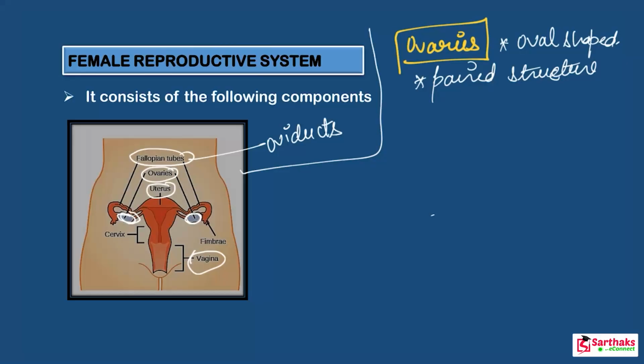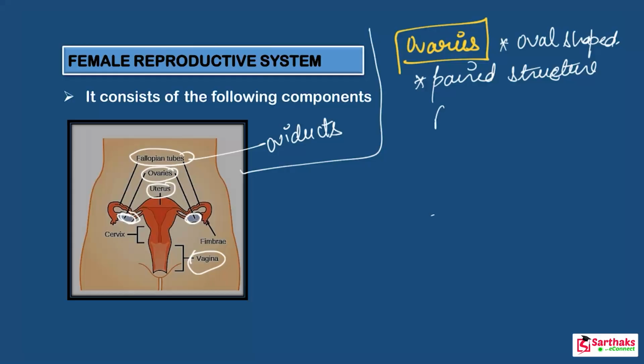Clear? Ovaries are the primary reproductive organs in a female, and let me recall that testes were the primary reproductive organs in a male. Now what are the functions of ovaries?